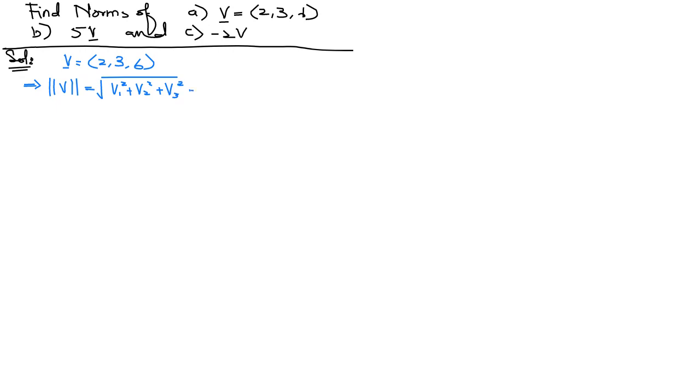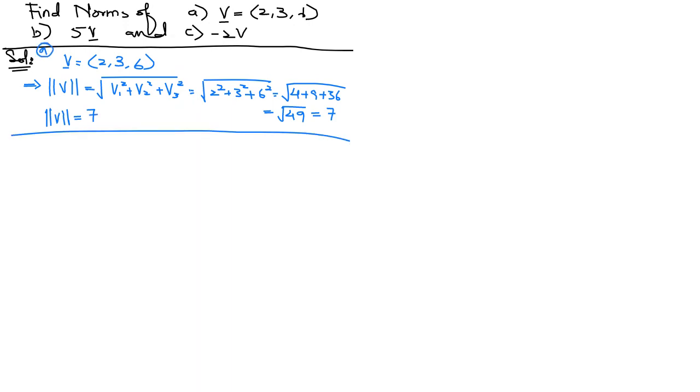If I substitute the values, I get the square root of 2 squared plus 3 squared plus 6 squared, which is 4 plus 9 plus 36, which is the square root of 49, and that means 7. So the norm of vector V is 7. This is A.